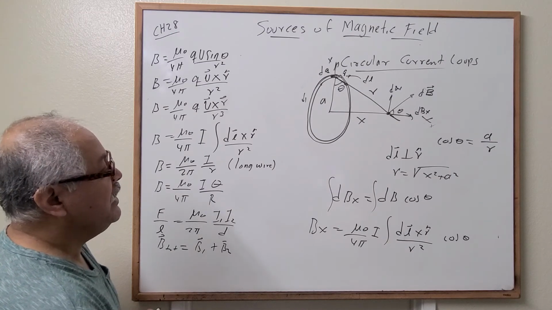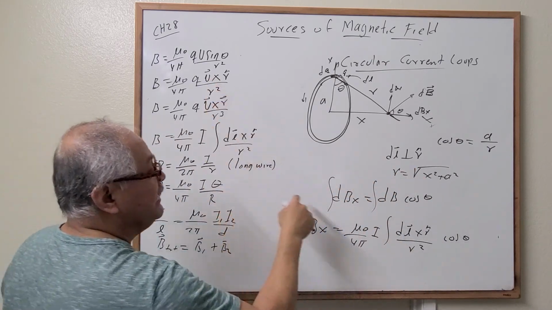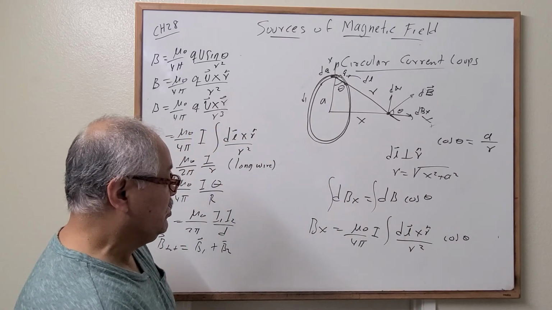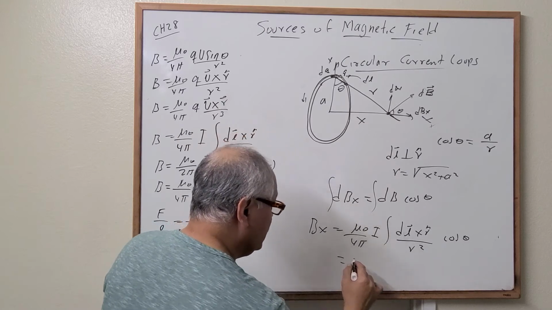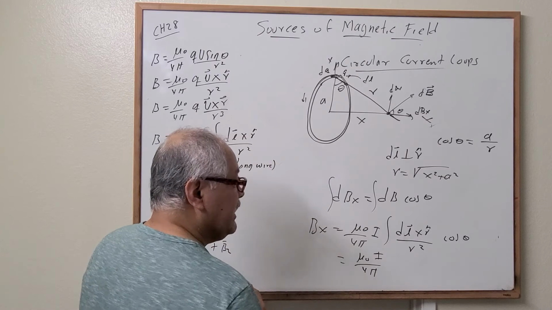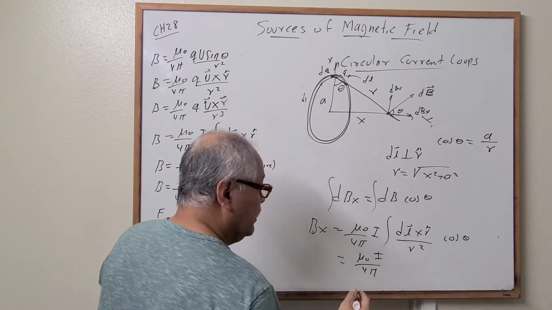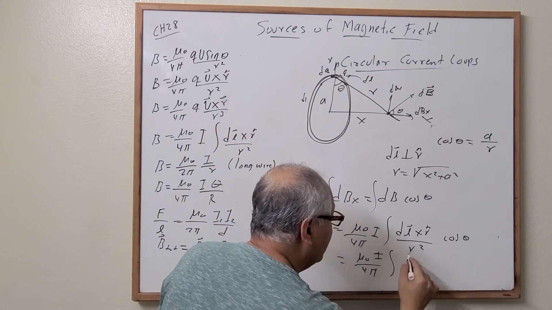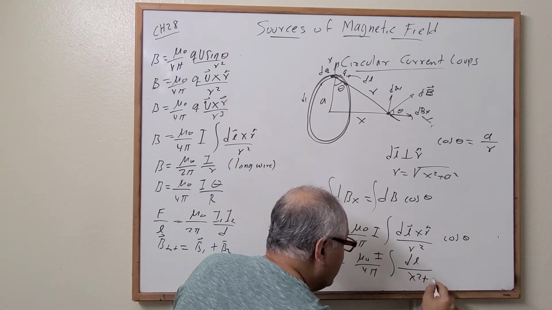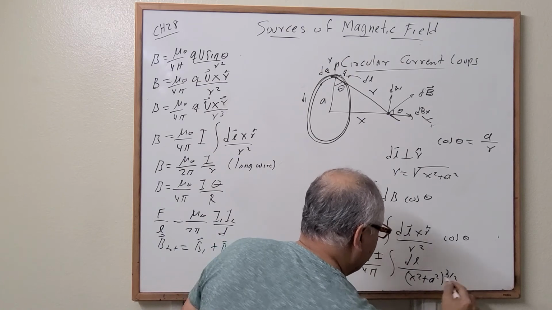Because the two are perpendicular, sine 90 is going to be 1. Okay, great. So what do we have at the end? We have this equal to mu naught current over 4 pi times what? The cosine theta is going to be a over r. So it's going to be the integral of dL over x squared plus a squared to the 3/2.